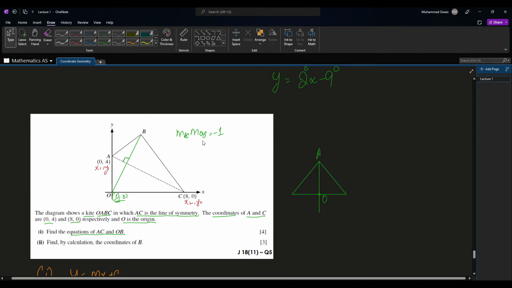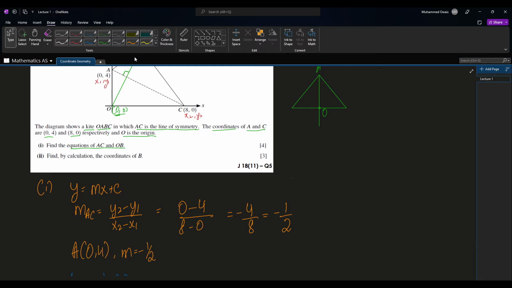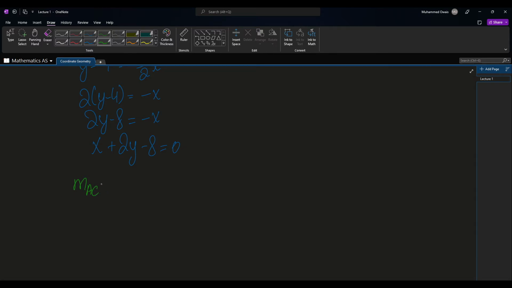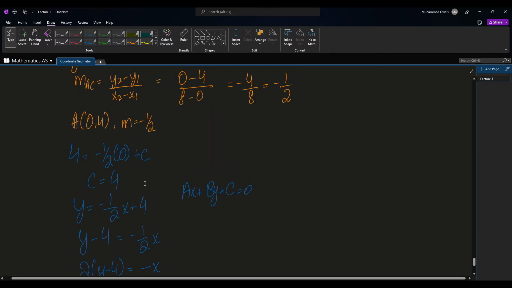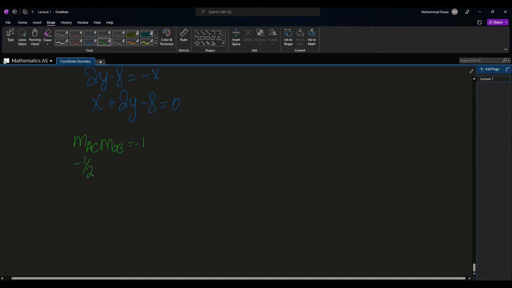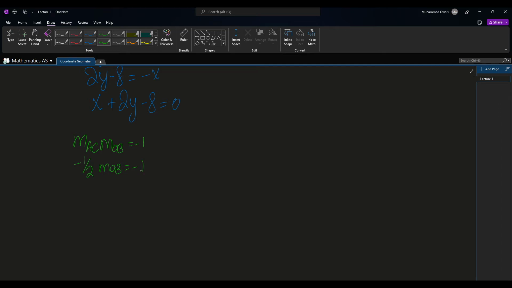So let us find the equation of OB. We know that m of AC is minus half, so minus half times m of OB equals minus 1. This 2 goes there, minus 1 goes below, so m of OB equals 2.